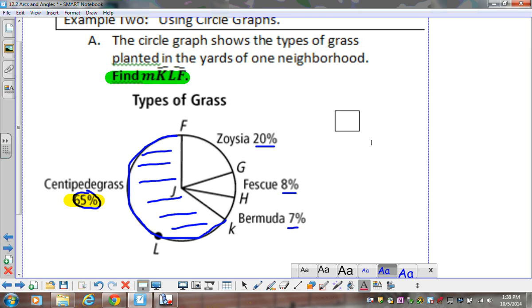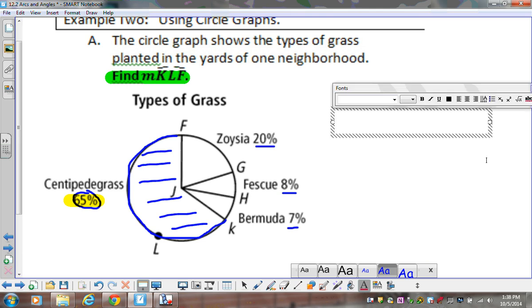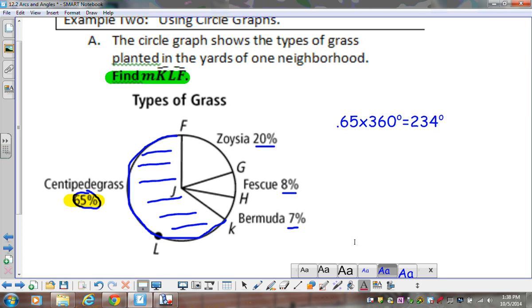Now, if you guys remember, 65% is actually 0.65. So take that times my 360 degrees, which, there we go, is going to give me 234 degrees. So that means the measure of arc KLF is 234 degrees.